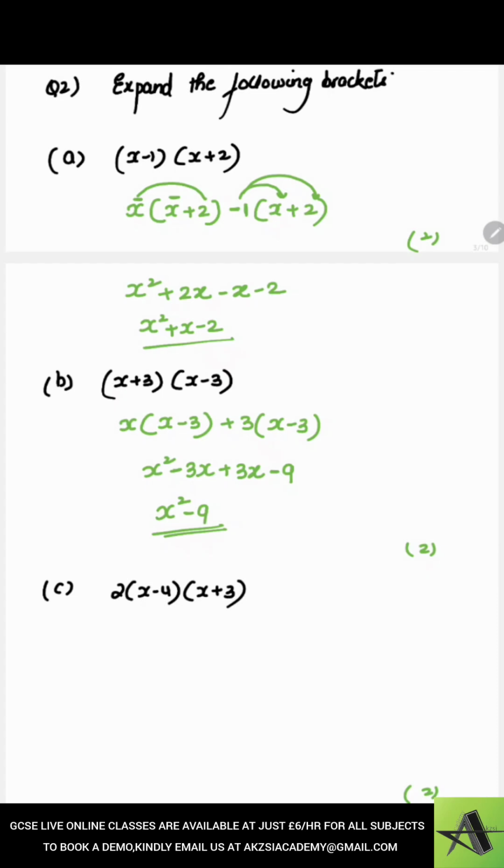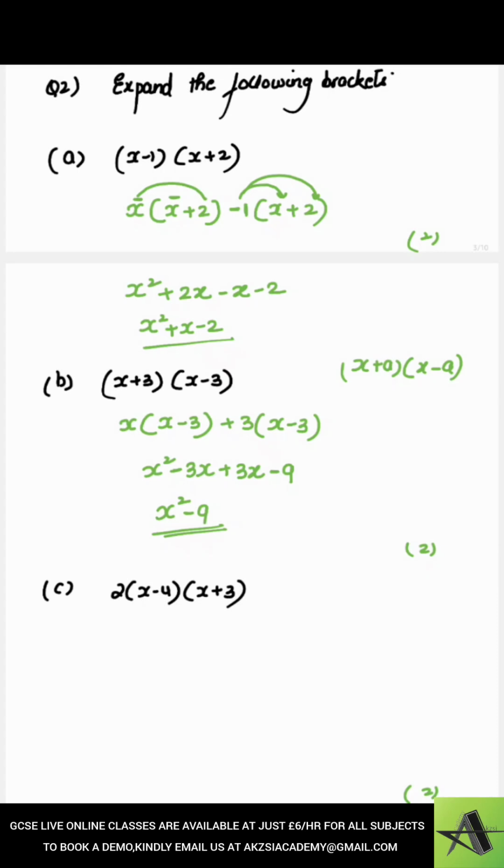There is one thing you can keep in mind, which is a direct shortcut. Whenever the terms are exactly the same, but they are separated by different operators, plus and minus, like x plus a times x minus a, you can clearly see that x and a are the same in the second bracket as well, but they are separated by different operators.